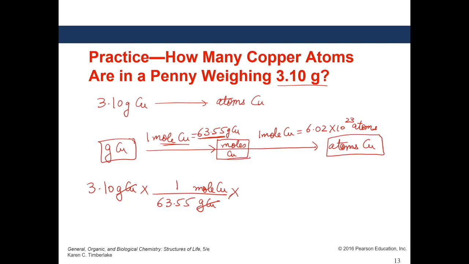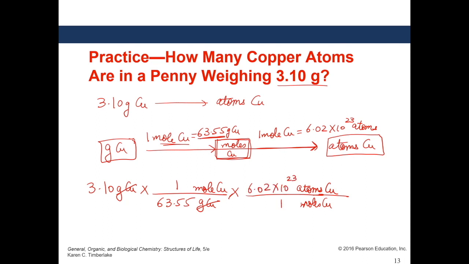So I've reached this step now. Now I need to go from moles of copper to atoms of copper. To do that, I use this conversion factor. So to cancel moles, I divide by moles of copper and multiply by number of atoms of copper. Moles is 1, atoms is 6.02 times 10 raised to power 23.